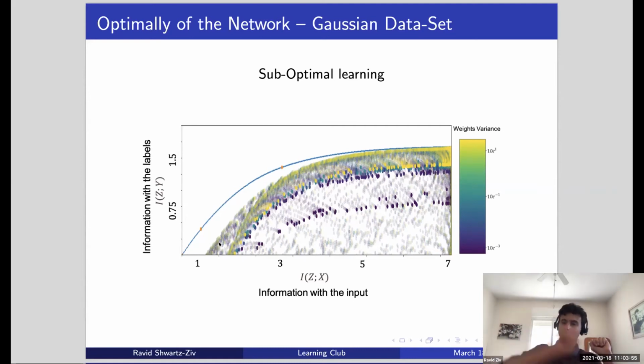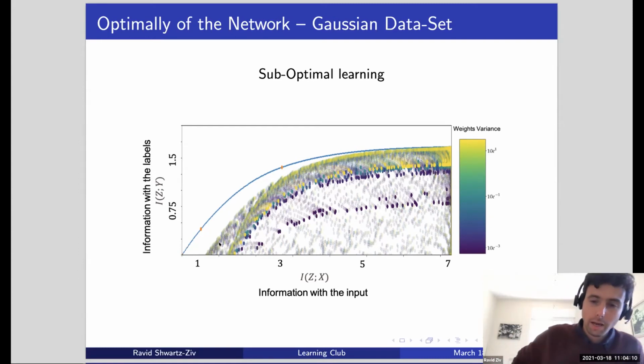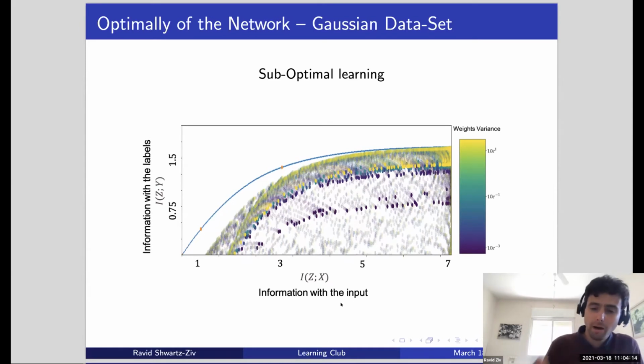And we played with the initial variance. Okay, so the different colors here are different variances. We trained a network with some specific variance and measured the information for this network. And as you can see here, when you have a high amount of information with the input, the network is really close to the optimal bound.